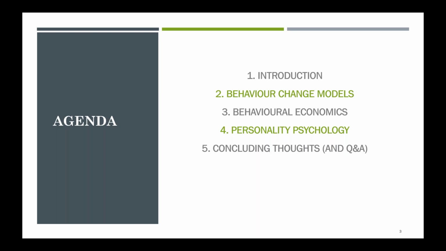However, many of the better behaviour change models also include a preliminary aspect where they provide a very useful structural framework to help us investigate what's currently going on in a particular situation. So even if our ultimate end goal is not particularly to change behaviour, behaviour change models can help us to hypothesize about many different aspects that might currently be driving behaviour in a particular situation. So that's the first key section.